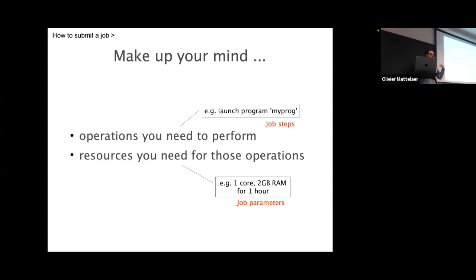Because when you submit very large jobs, you will have to wait for the resources to get free. And then it's a pity if the job starts and then immediately stops because there is a typo at the first line of the script. So it's better to first test it on a smaller scale. The smaller scale can be your laptop, or it can be the front end if it does not make perturbations for the other users.